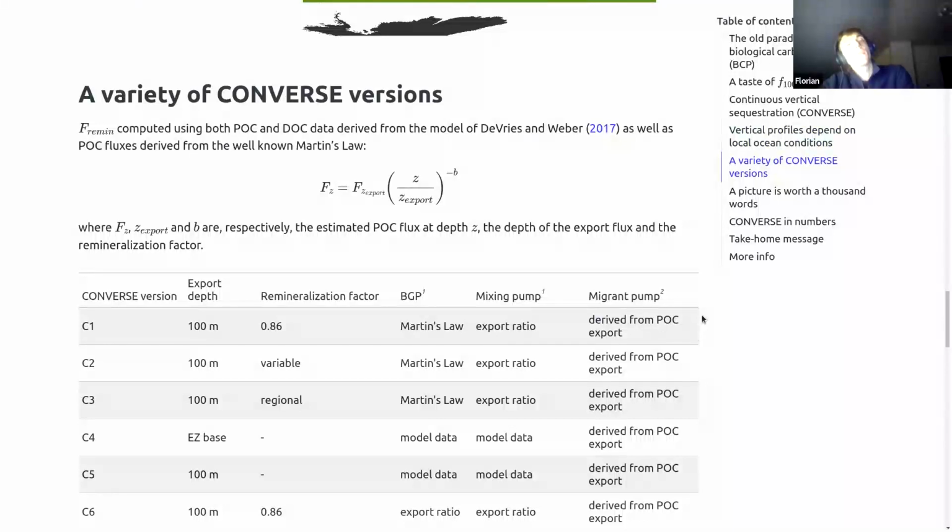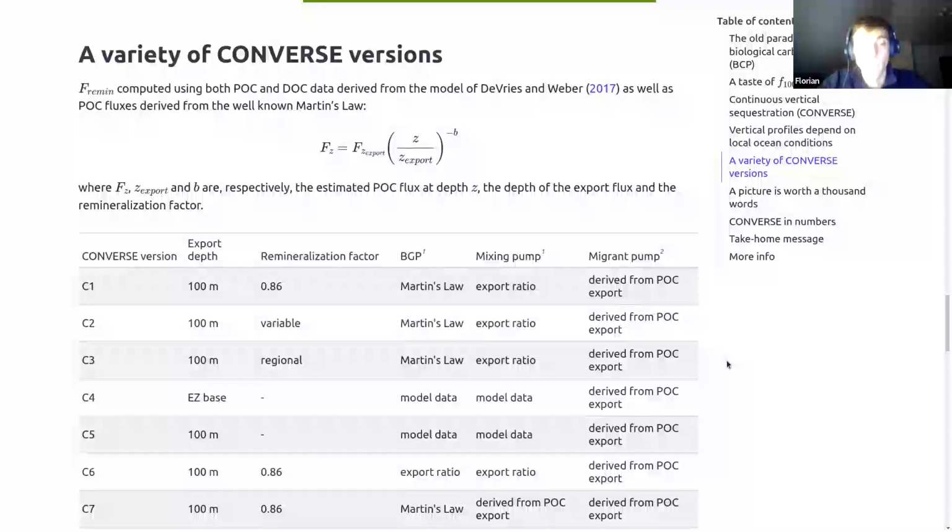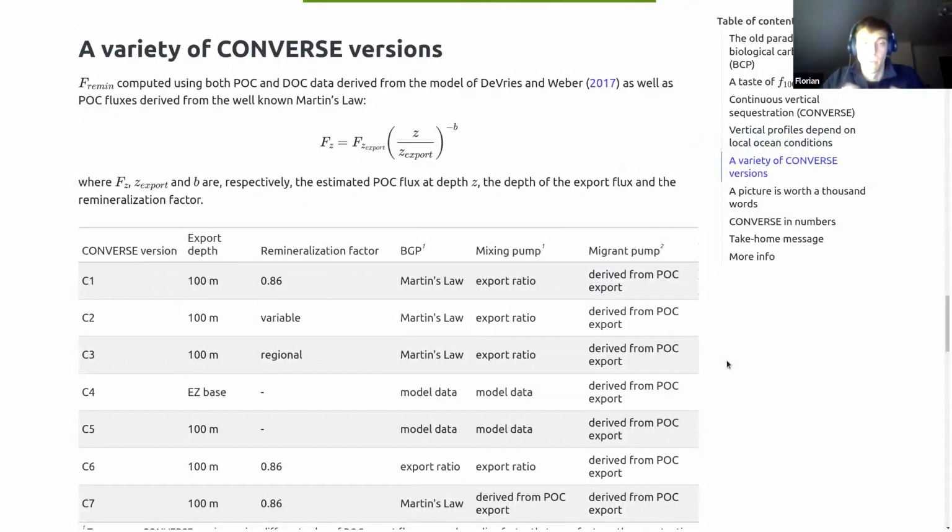So in CONVERSE, we have 7 versions. I'm not going to go into big details here, but basically we don't need 7 versions, but we do need to find different ways to compute the remineralization flux. So for this, we used both particulate and dissolved organic carbon data derived from the paper of DeVries and Weber 2017, as well as the well-known Martin's law for the attenuation of the downward carbon flux.